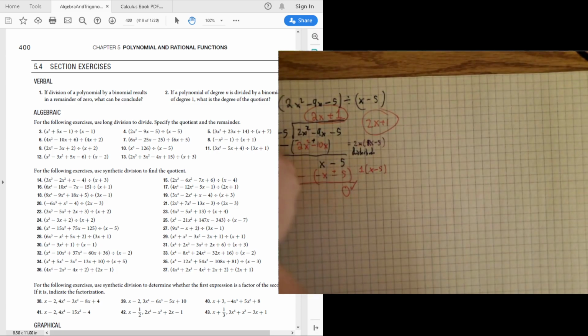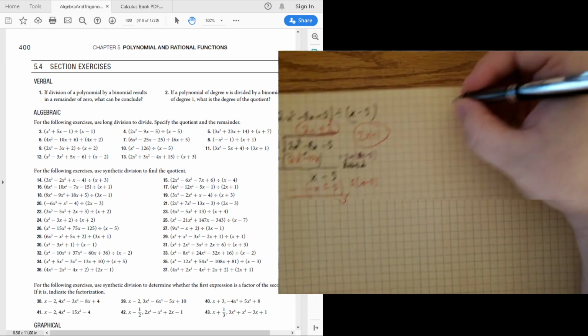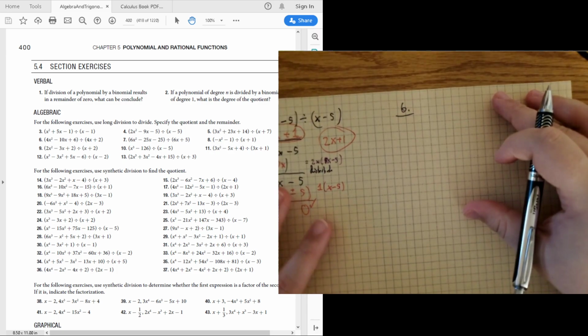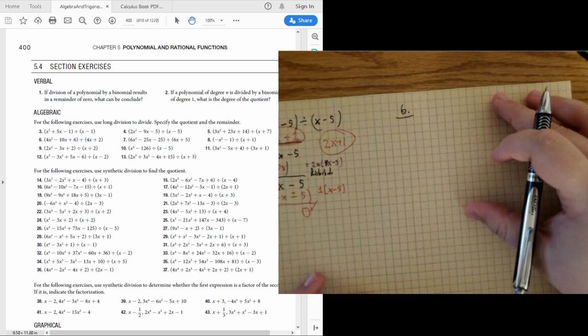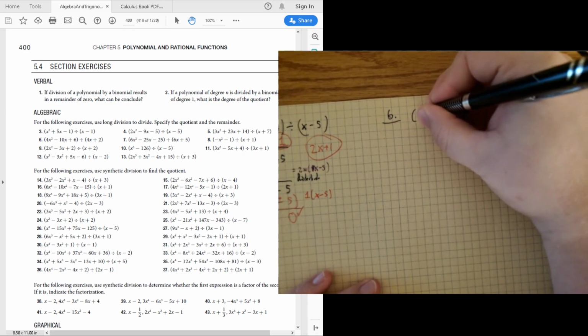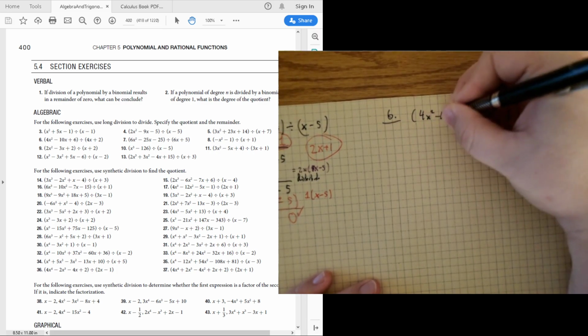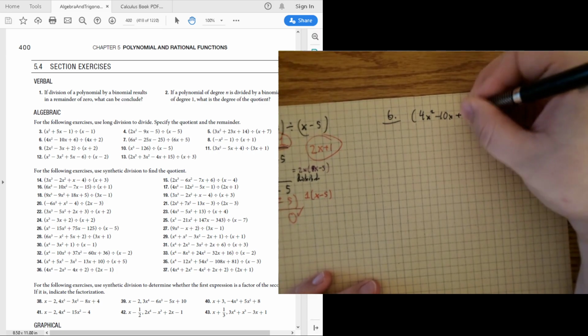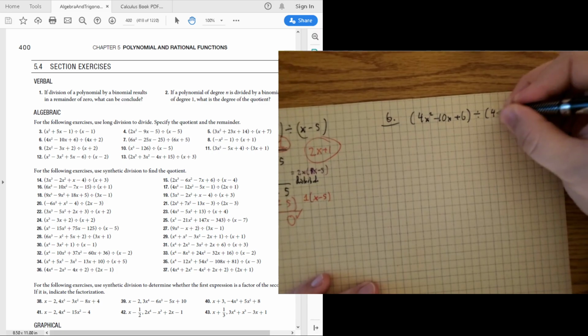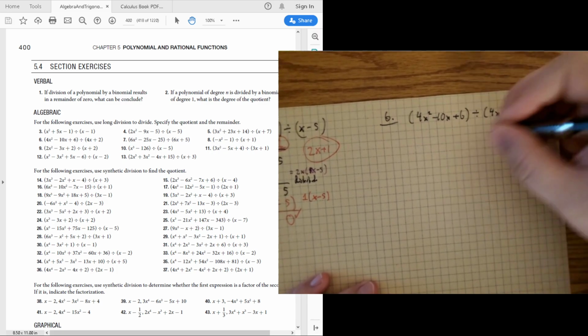Let's compare this now to number 6. Number 6 is, I don't believe, quite as nice, but we'll see. So we have 4x squared minus 10x plus 6 divided by 4x plus 2.